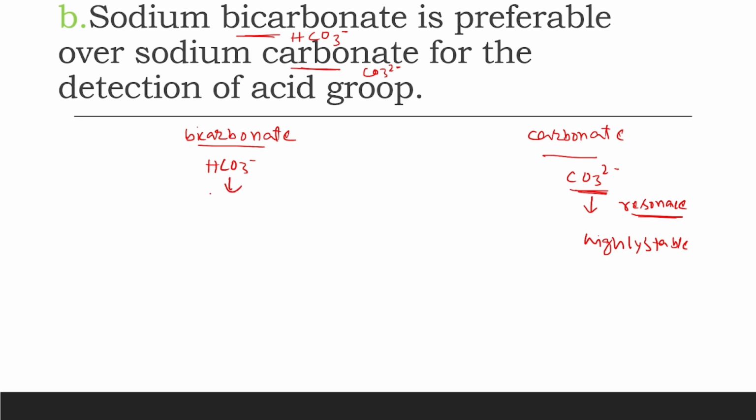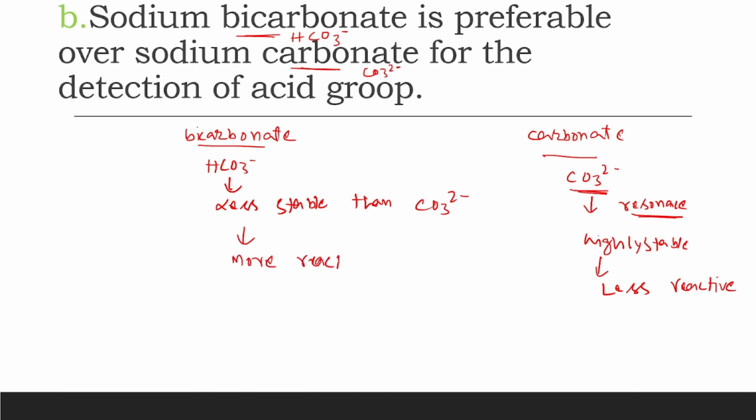Here, bicarbonate is comparatively less stable than CO3 2 minus. Therefore, as carbonate is highly stable, it is less reactive. On the other hand, bicarbonate is comparatively more reactive.